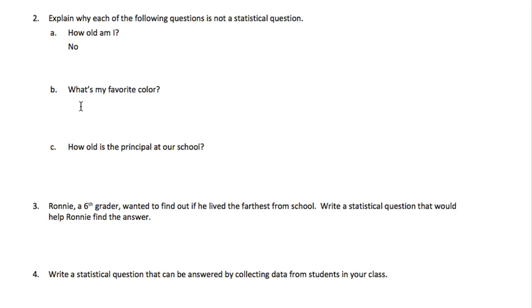Again, would be one answer, so no. How old is the principal at school? Still, no. So all 3 of those questions are not statistical questions. And again, it is because they all have one answer.